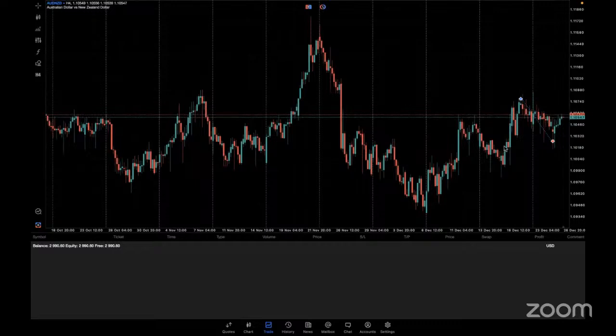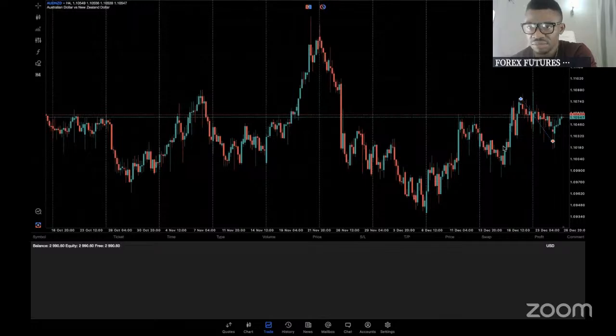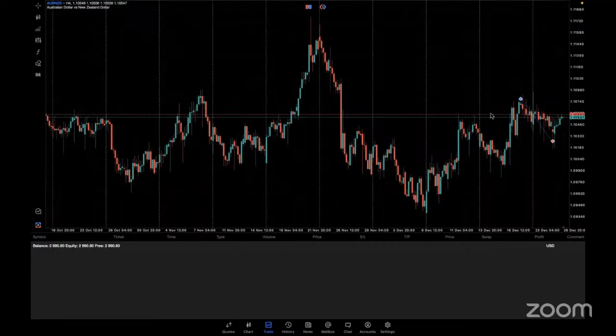Perhaps we can take our trade after the price has reacted to the order block. Then you can see what happened here. It reacted nicely and pushed up to the top side.